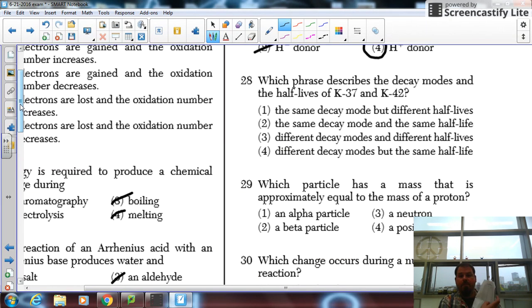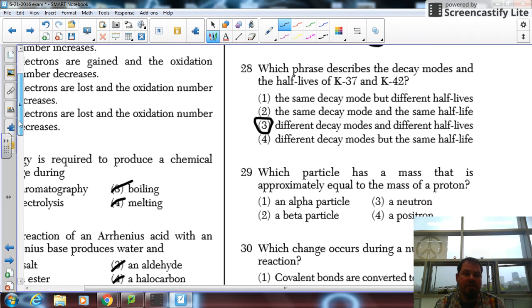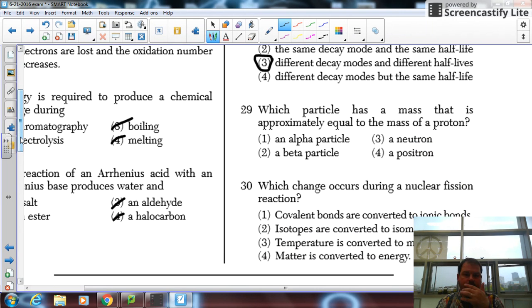I see one is a positron and one is a beta. So their decay modes are different, and then one is 1.23 seconds and one is 12 hours. So their decay modes are different and their half-lives are different. And I learned that just by looking it up. I'm not going to lie to you, I had no idea. I just had to look it up. And that's what I need you to do, is to just look this stuff up.